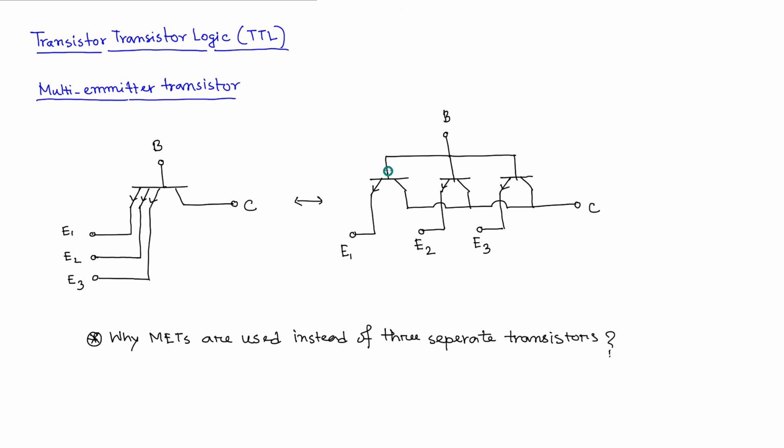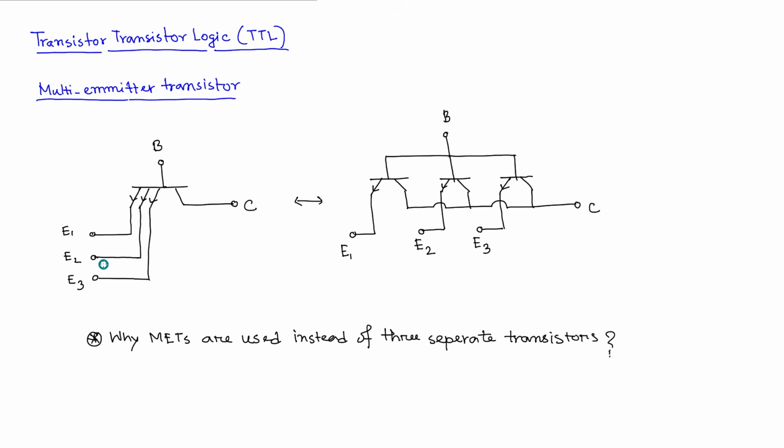Here we have three BJTs connected in such a way that all the collectors of all three transistors are connected together, all three bases are connected together, but emitters are actually separate. That's how we get this kind of multimeter transistors. The number of emitters can be 3, 4 as per your requirement.